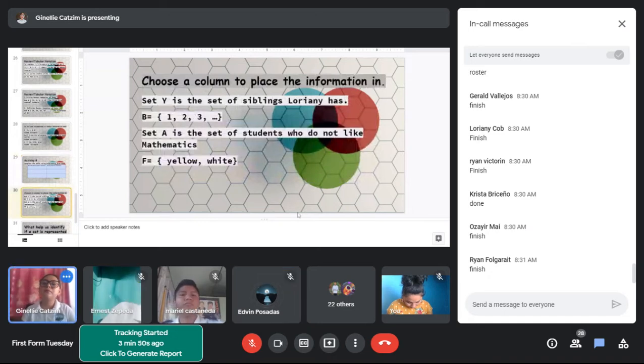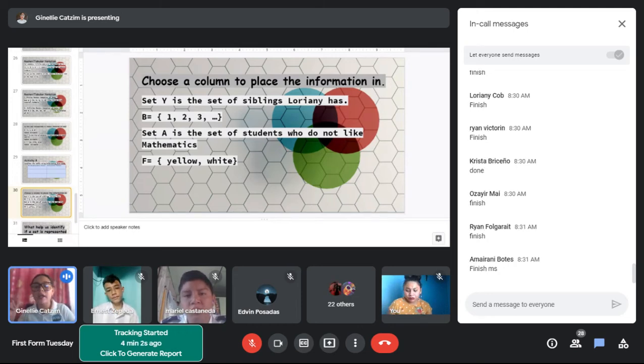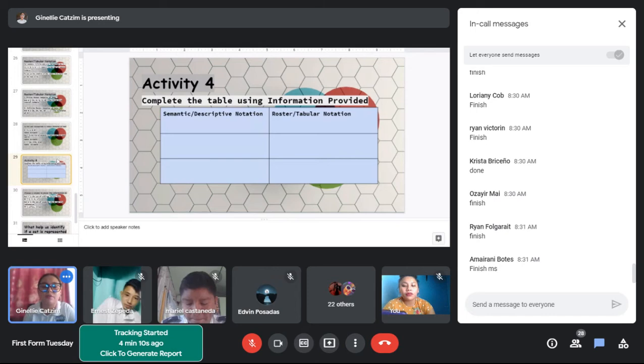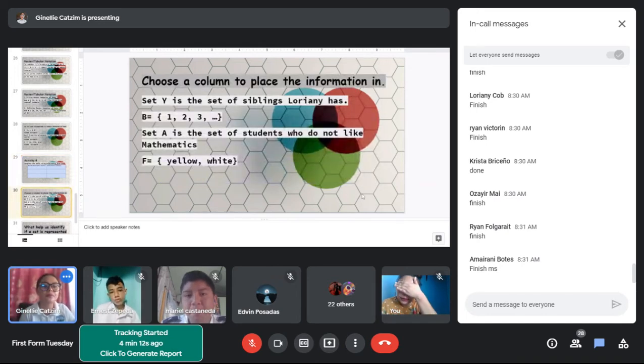Okay, so you will look at these sets and you will fill your table with this information. You will see if the set Y is the set of siblings Loriani has, and whether for you it is semantic or raster notation, you will put it in the columns of your table that you just made. Okay? I'll give you 2 minutes. I think 2 minutes is too much.